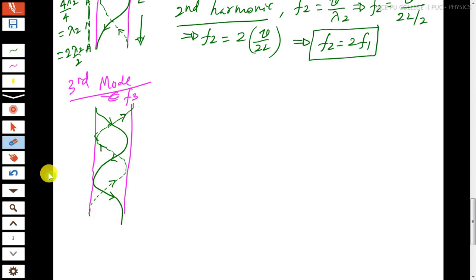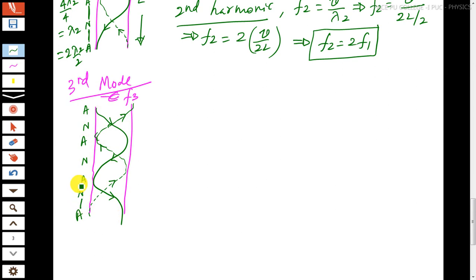Anyhow, here is an antinode. Here is a node, antinode, node, antinode, node, antinode. You must be aware that at both ends we must get antinodes. Open ends are always antinodes.